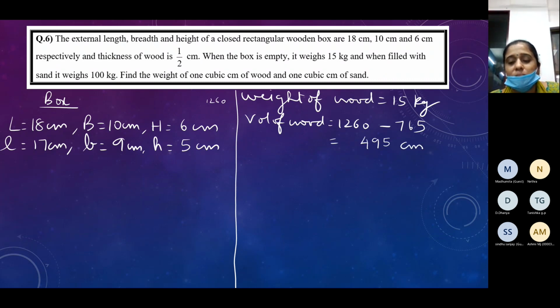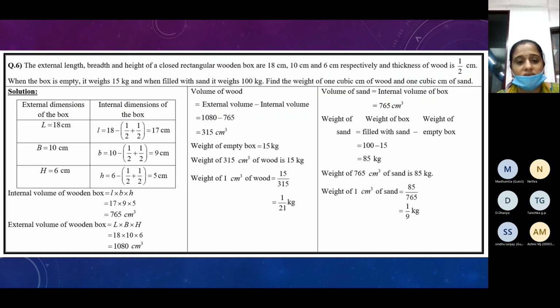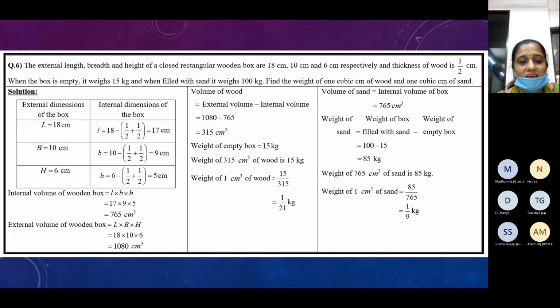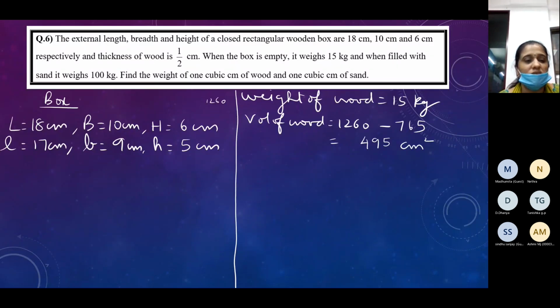Please tell me if I'm right. Or one minute, I'll just check here. 315. 1080. What did I multiply? 18, 6, 6 8 48, 4 carry over. I know I am bad at multiplication, addition, subtraction.